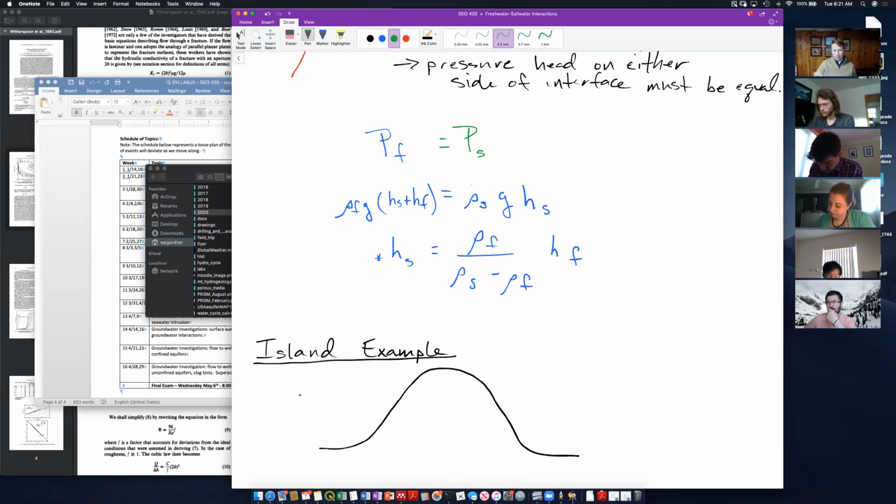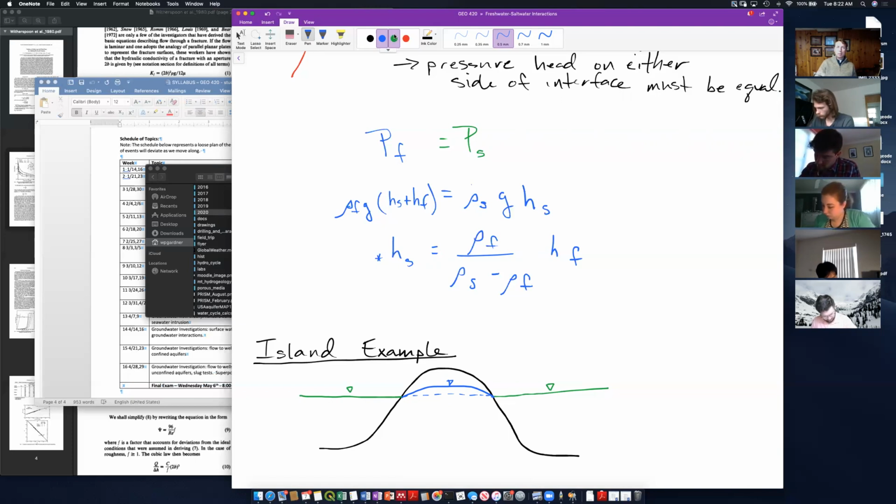On either side, we've got the ocean. And under the island, we have a freshwater water table from precipitation. All right, and here is sea level, just as a reference.